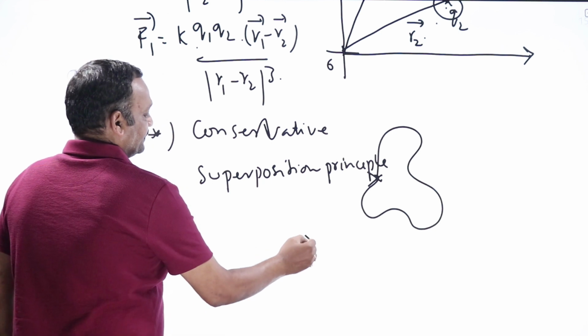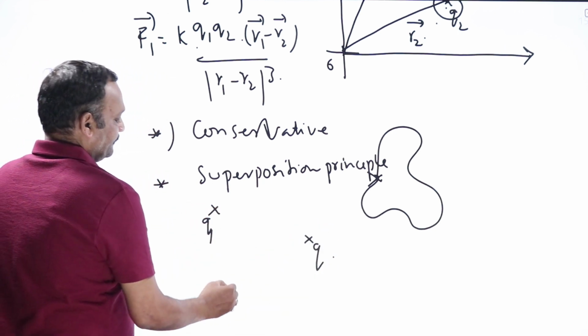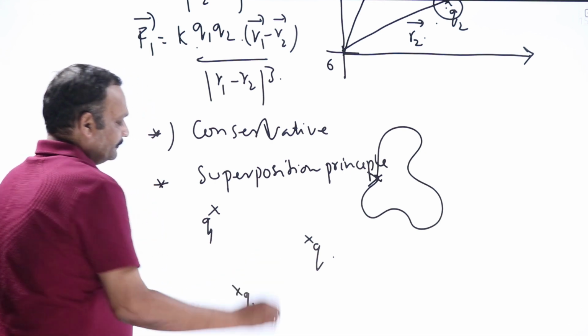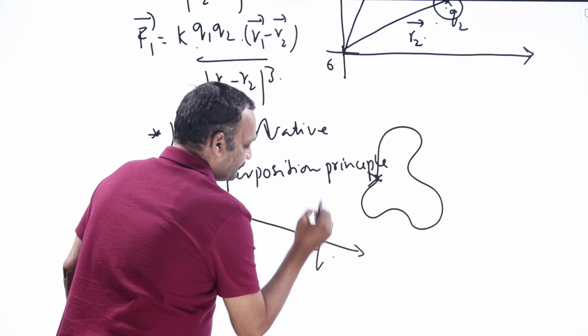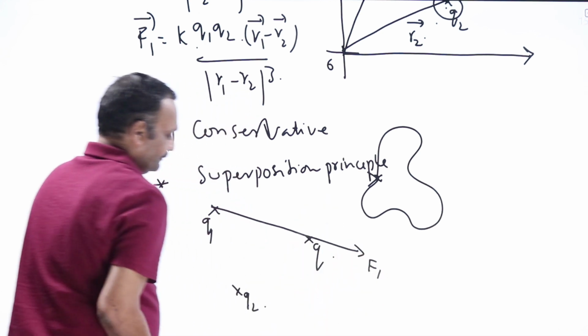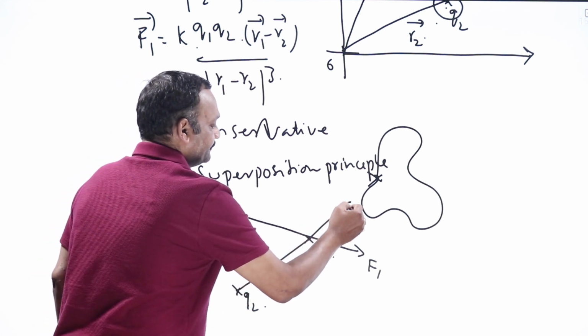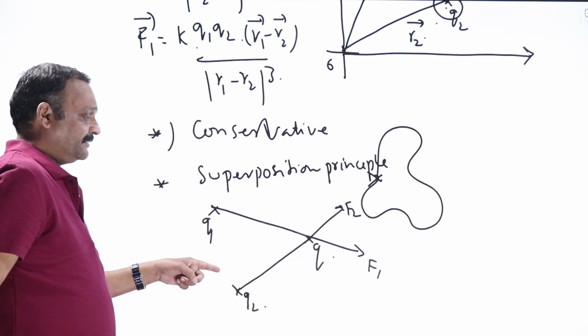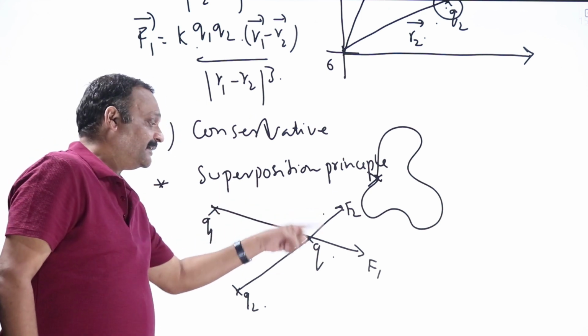Suppose there is one charge Q and there are two other charges, Q1 here and Q2 here. Q1 is exerting a force on Q, I'll call it F1. Q2 is also exerting some electrostatic force on Q, I'll call it F2. When two charges are simultaneously exerting a force on a third charge, what is the resultant force?